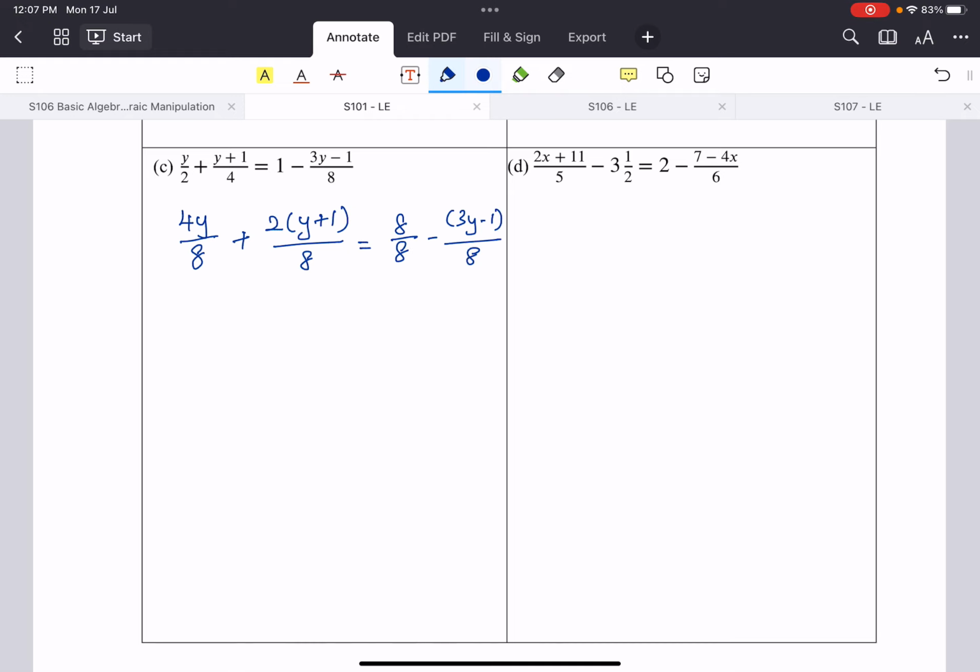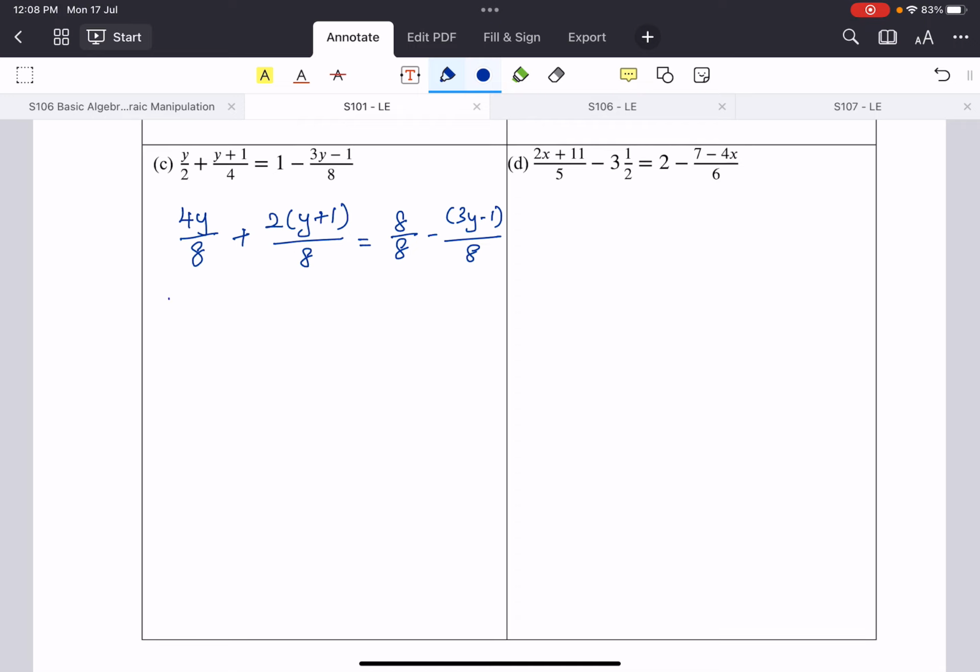So since all the denominators are 8, I can quite safely multiply by 8 throughout the entire equation. So that gives us 4y plus 2(y plus 1) equals to 8 minus (3y minus 1).